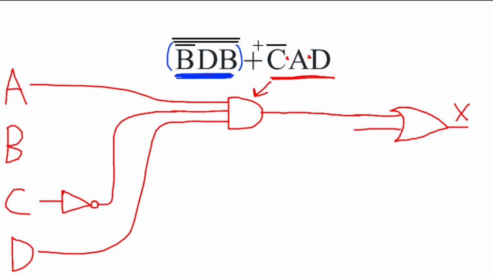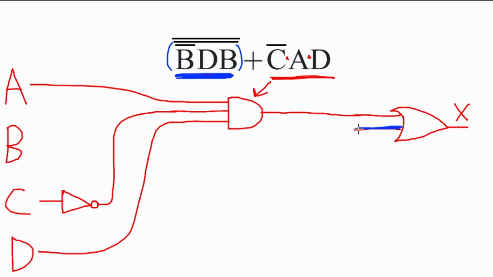In this case, 2 overbars. So what does that mean? The overbar is the NOT function. And so these 2 NOT functions, these 2 inversions, will apply to this entire B bar D B term. So to put it simply, B bar D B gets inverted as a whole 2 times.